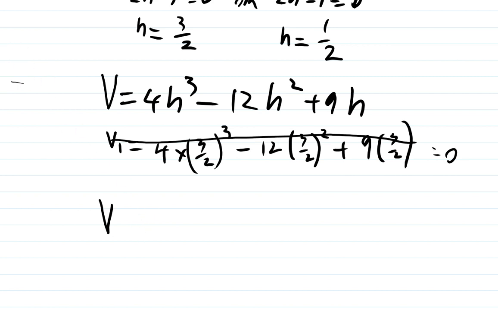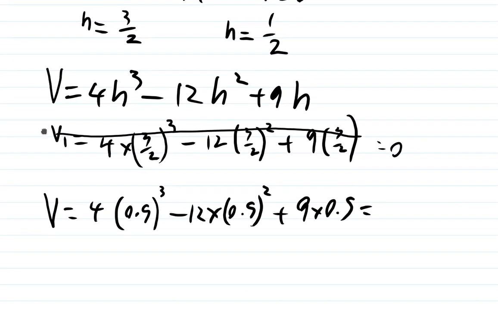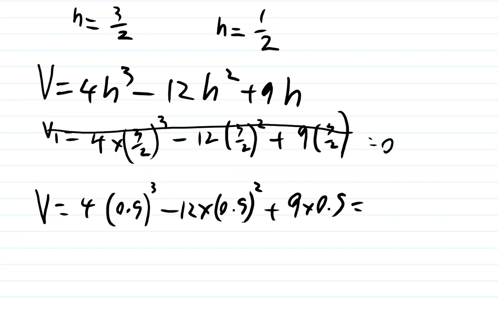Now the volume that we want is 4 times half squared, call it 0.5 cubed, since we're going to use a calculator, minus 12 times 0.5 squared plus 9 times 0.5 equals. We have some space over on the right, so let's just put the volume over there.